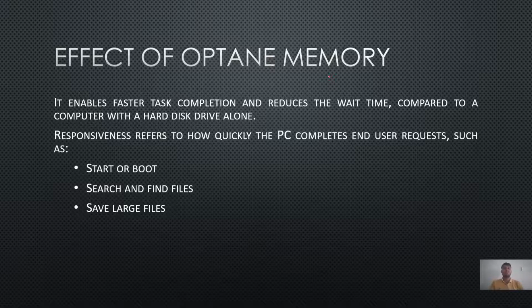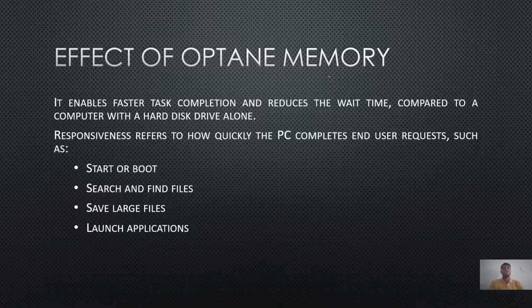It will take an input of large raw files, and the output will also be large files. So the Optane memory offers the benefit of saving large files in much less time. The fourth application is launching applications and games.